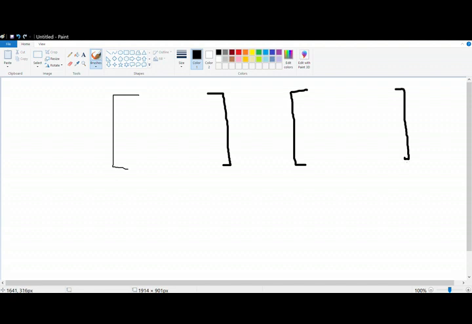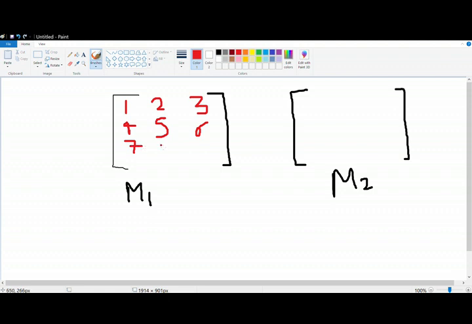Okay, so let me suppose this matrix is M1 and this matrix is M2. The names of the two different matrices are M1 and M2. Then we have the data here. Okay, this is 1, 2 and 3, 4, 5, 6, 7, 8 and 9.